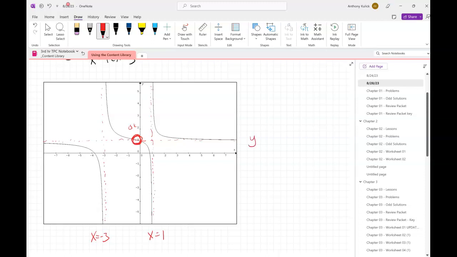So the horizontal line, we write y equals, because if I look at all the points along that horizontal line, they all have the same y coordinate. It's 1. Does everybody feel okay with how I visually identify these asymptotes, and then how I wrote the equations for them? The verticals start x equals, the horizontals start y equals.